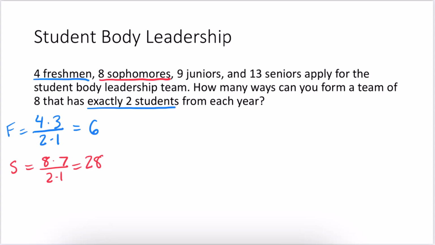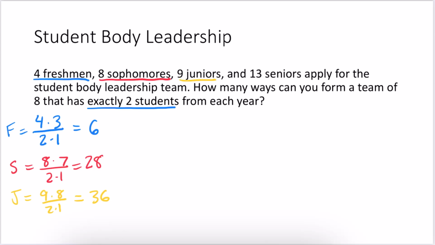Then I would say the number of ways I can choose my juniors would be 9 times 8 divided by 2 times 1, because there's 9 juniors to choose my first junior from, then 8 juniors, but it doesn't matter which order, so I divide by the duplicates. And that gives me 72 divided by 2, which is 36. So there's 36 ways to choose my juniors.